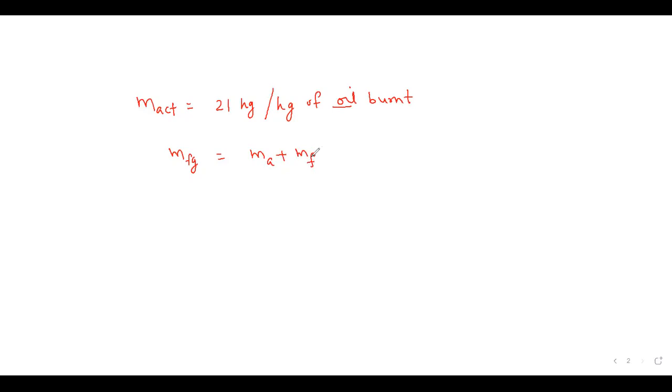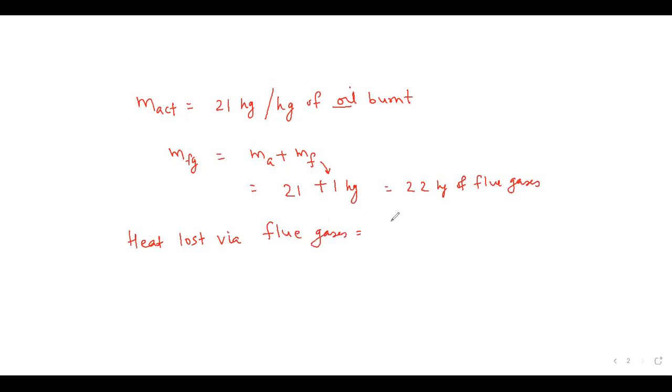So every kg of fuel means 1 kg of fuel plus 21 kgs, so about 22 kgs of flue gases are formed. And that helps you to calculate the heat lost via the flue gases, which is mass of flue gases into specific heat of flue gas into temperature of the flue gases minus the surrounding temperature. This is sensible heat loss.